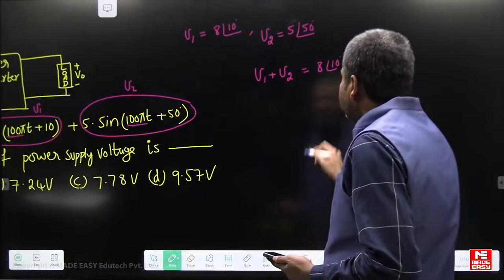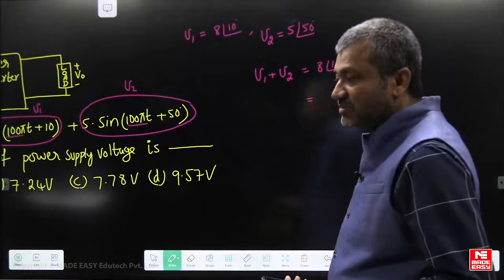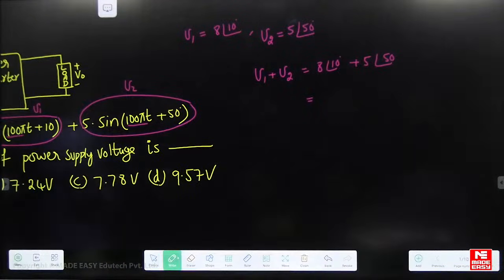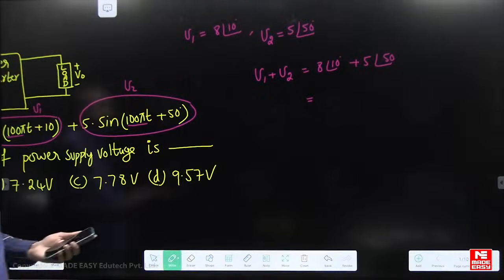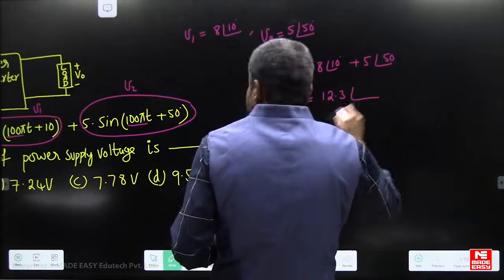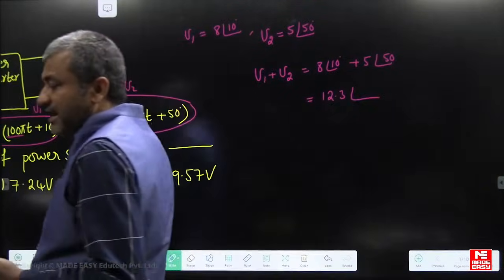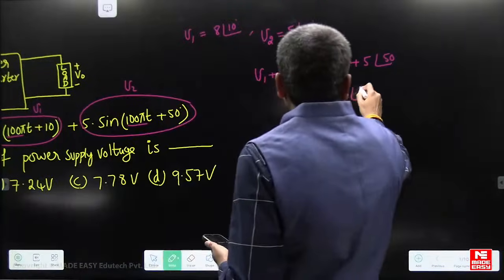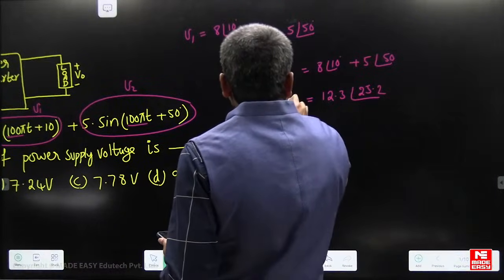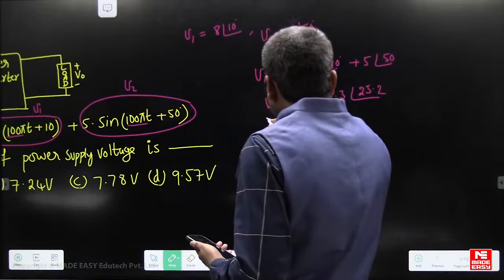You can convert this into rectangular format, add them, and convert back into polar format. If you add this, you will get 12.3 at an angle of 25.2 degrees. This is the V1 plus V2 vector sum.